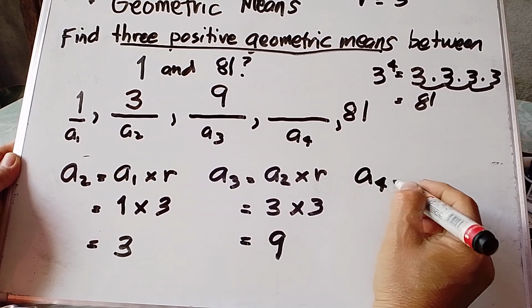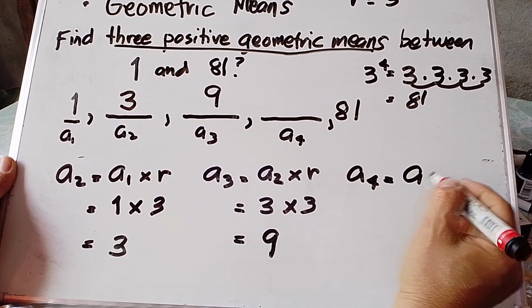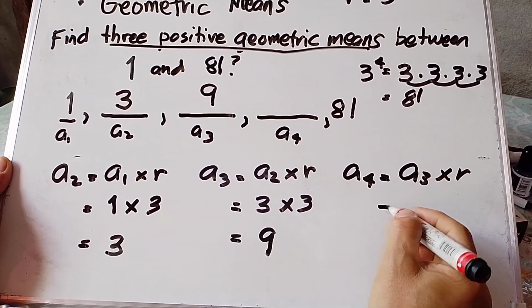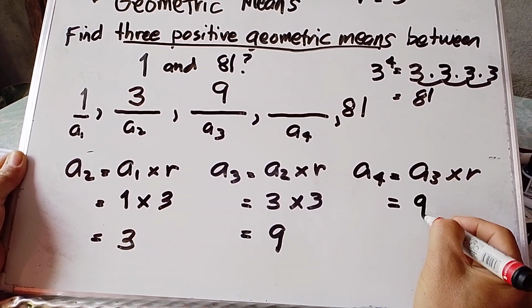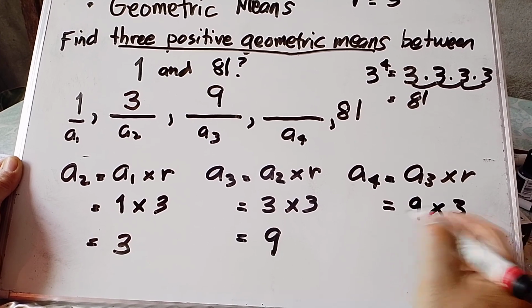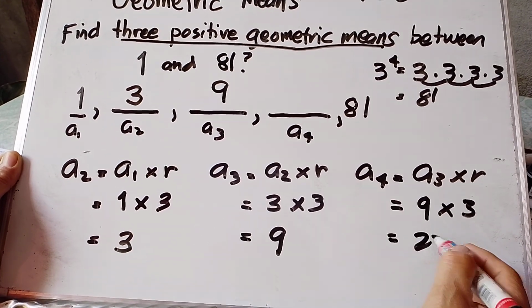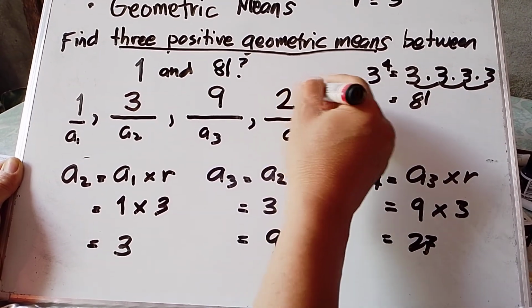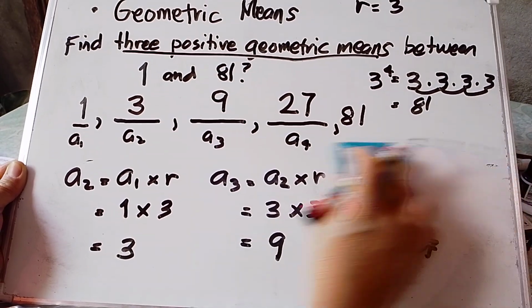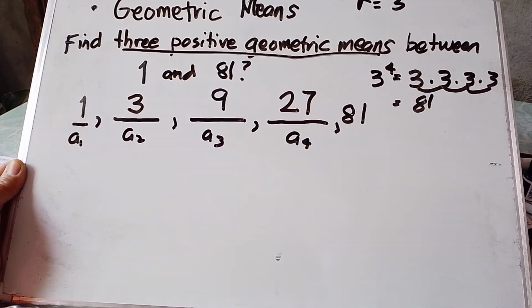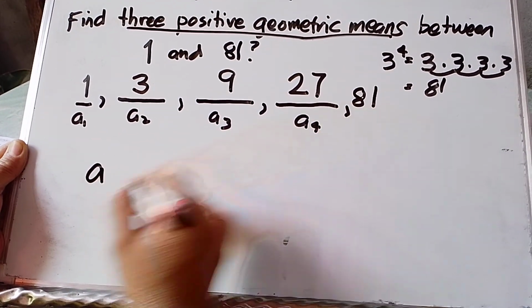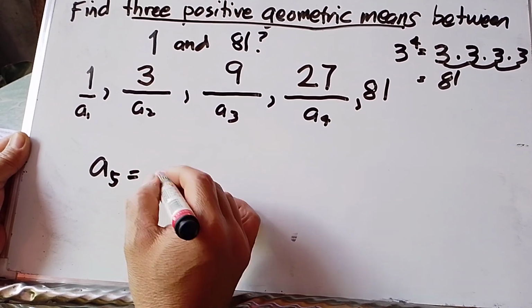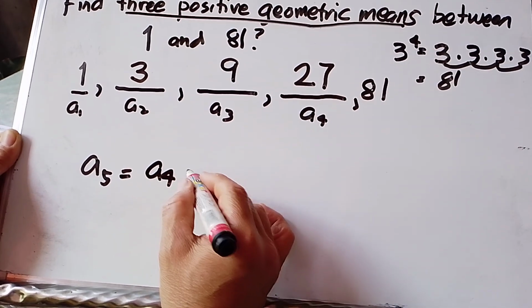How about a4? a4 is a3 times r. So a3 is 9 times r, which is 3. And we know that 9 times 3 is 27. So this will be 27. How about 81? Let us check if that will be correct. So a5 is equal to a4 times r.